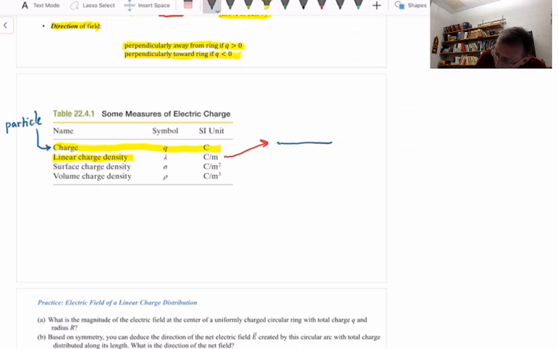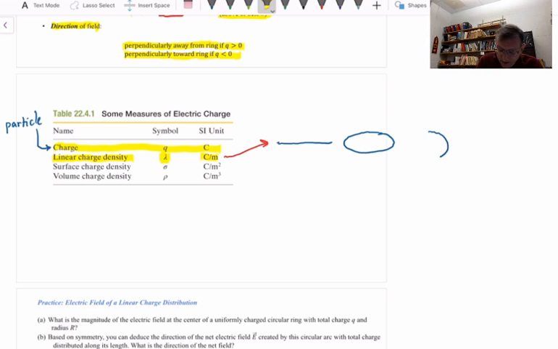Or, in a perspective view, a circular ring, or a part of a circular ring. There's also that, which we need to be able to deal with. Those are all linear charge distributions with the charge spread out along a length. And then we talk about the linear charge density, symbol lambda, and SI unit, Coulomb per meter. And that's what we dealt with when we studied the ring just a moment ago.